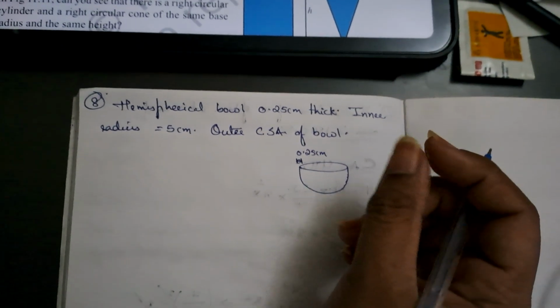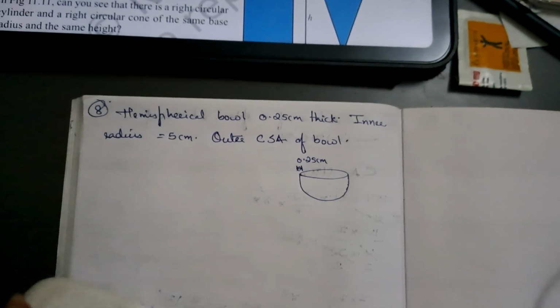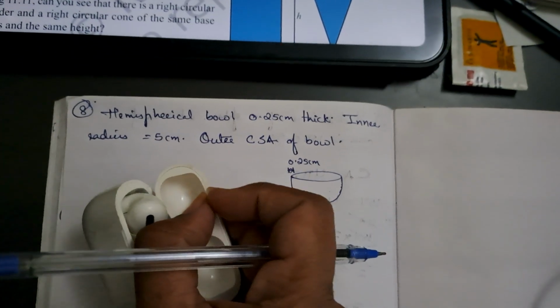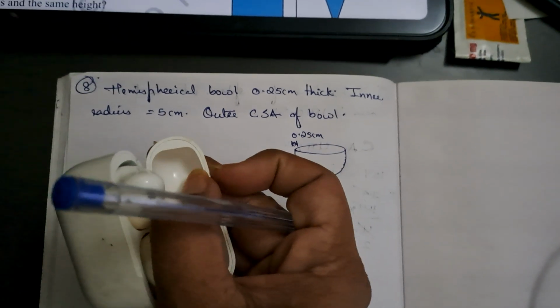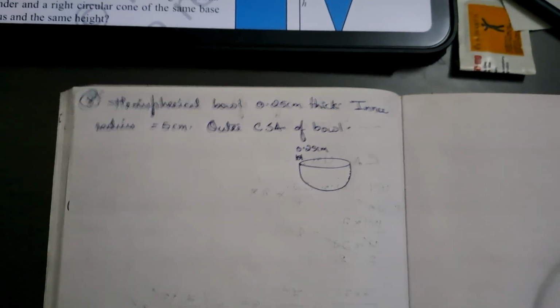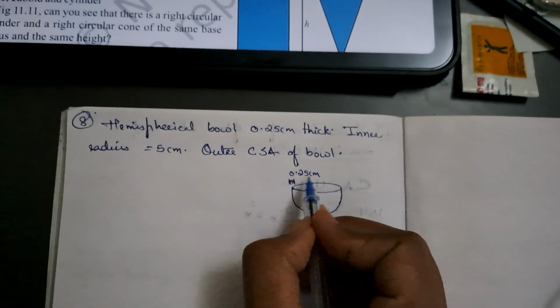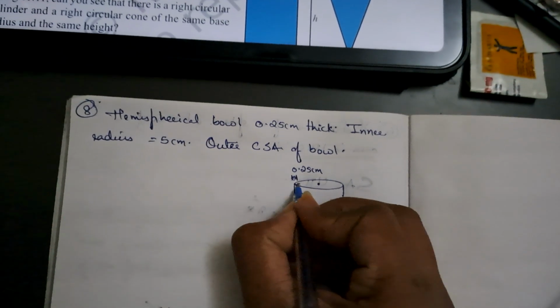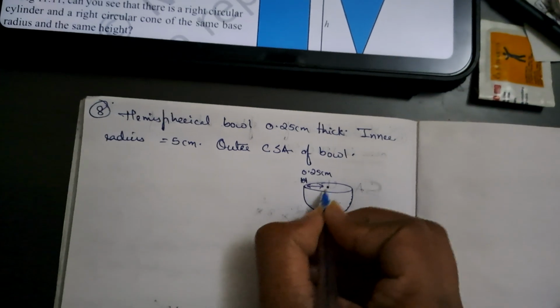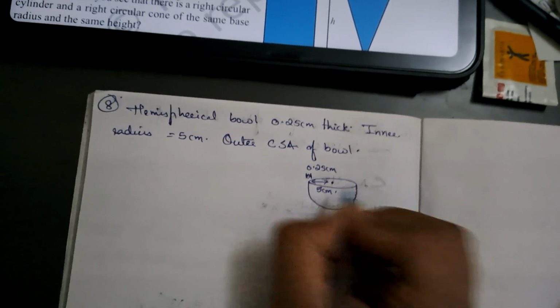Obviously when you have a bowl there'll be certain thickness to it. If this is a hemispherical bowl that you're having, then this is the thickness of it. So the thickness is 0.25 and the inner radius is given to me as 5 centimeters. From here to here this is 5 centimeters.